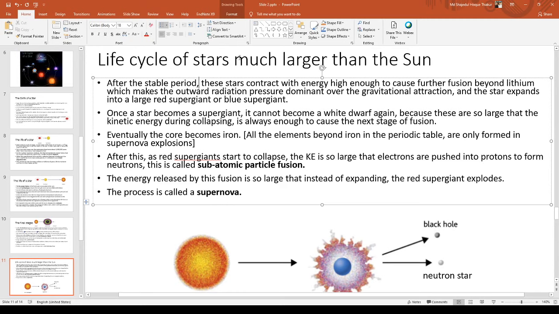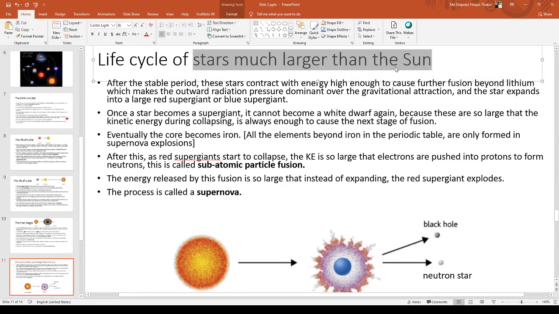But when the stars are much larger than the sun, that is, when the stars are massive, they have such a high gravitational force that whenever they contract, every time the gravitational pull, the kinetic energy, the temperature and pressure increase to such high values that the next stage of fusion is always possible.